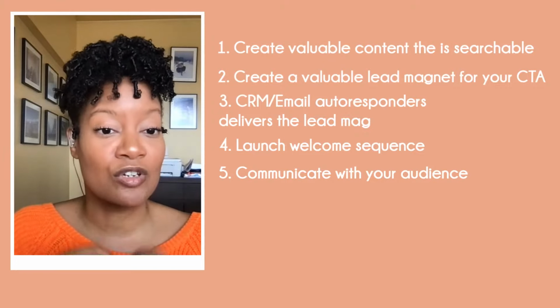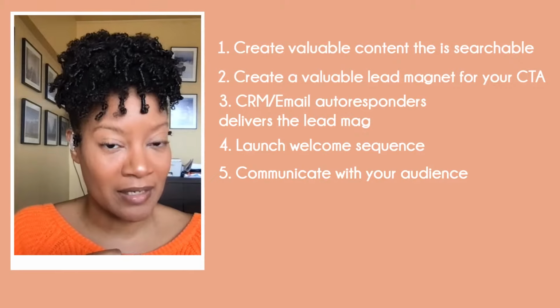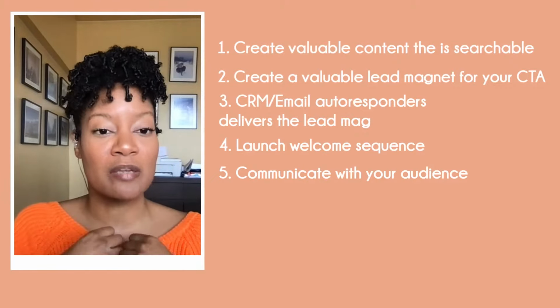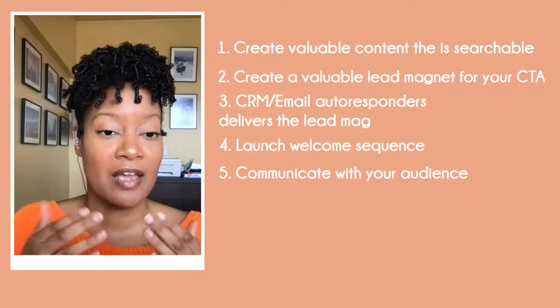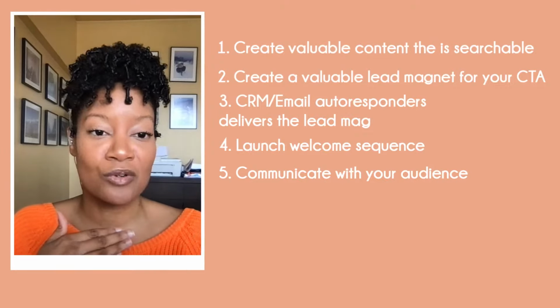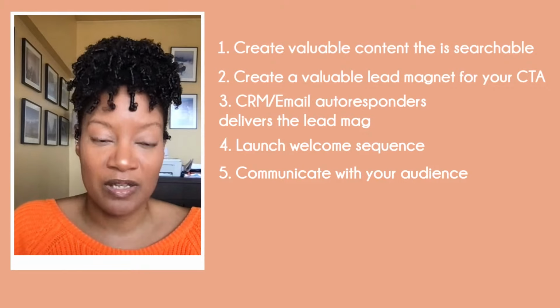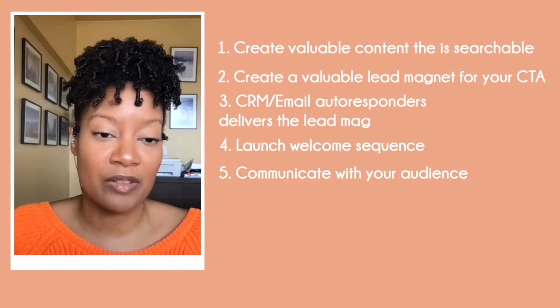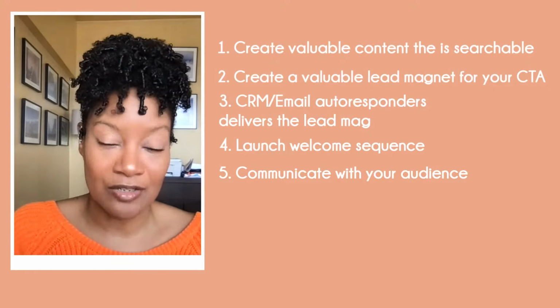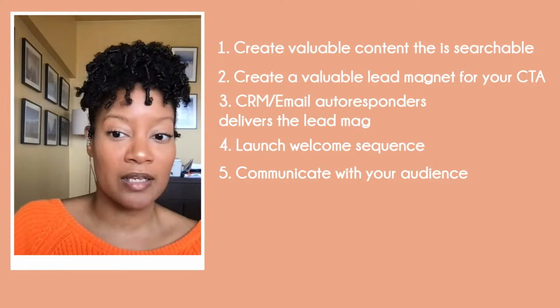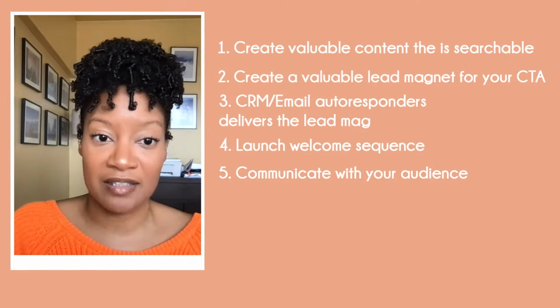That call to action is what we call in the industry your lead magnet. This is what's going to put people into your email or your CRM system, okay? From that, you deliver what you said you were going to deliver, the helpful, valuable content, and you put them in your welcome sequence, and you continue to communicate with them and find out what they need so that you can decide what the product is, what the service is, and everything like that, okay?